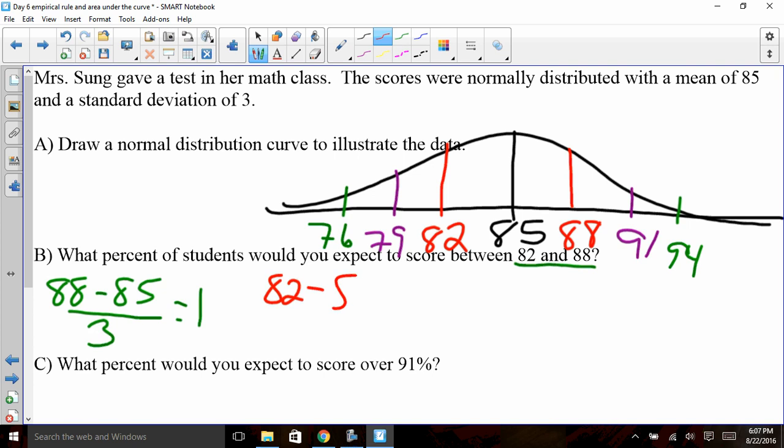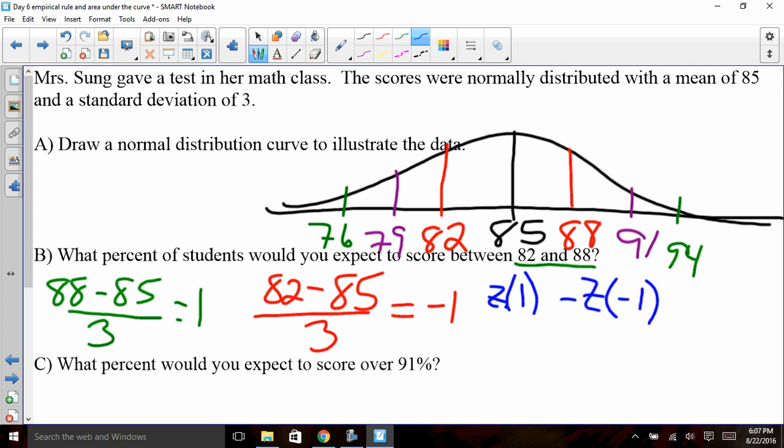So 82 minus 85 divided by 3. To come up with a -1. Now, this is where we're going to look at our z-chart. So when I say z of 1, that's me telling you we're going to look for the number on my z-chart of 1 minus the z of -1.